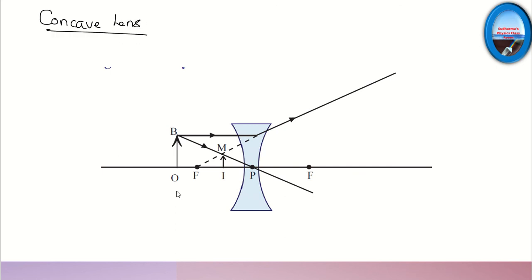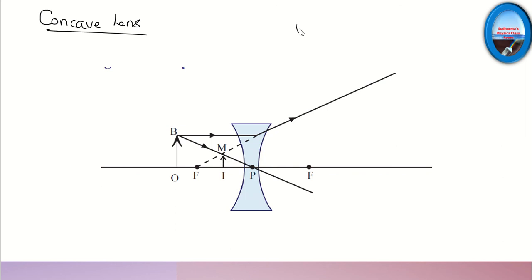If you have an object here, observe how the rays are drawn. It diverges from a point on the principal axis, it diverges from the focus. And when the ray of light passes through the optical center, it passes without any deviation. So you can see here virtually it is meeting. It's not really meeting, it's virtual.